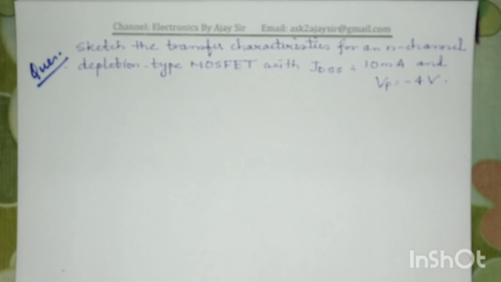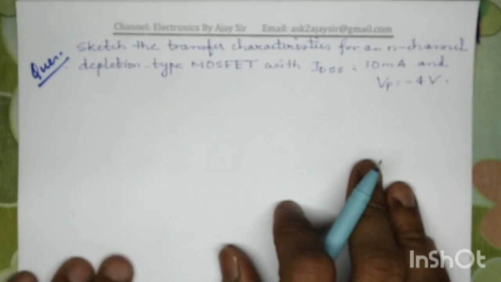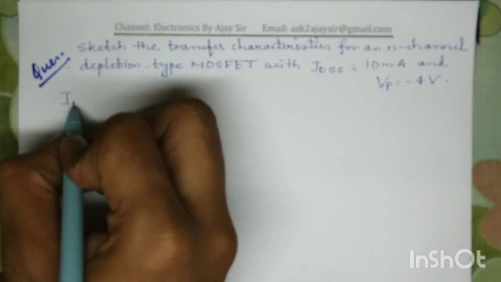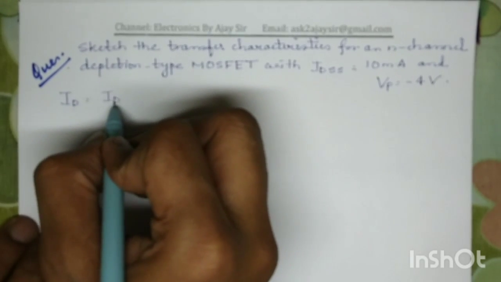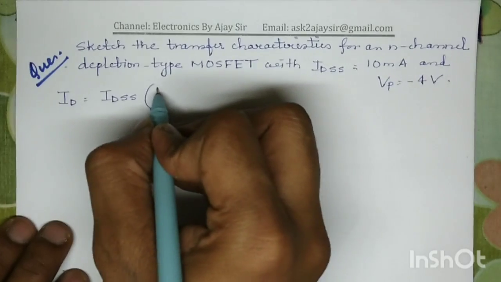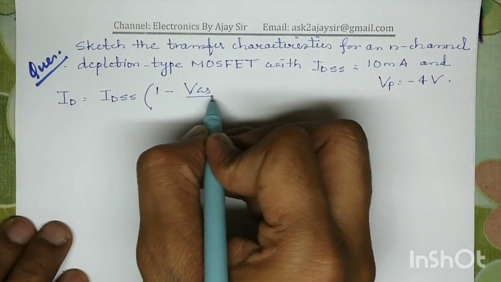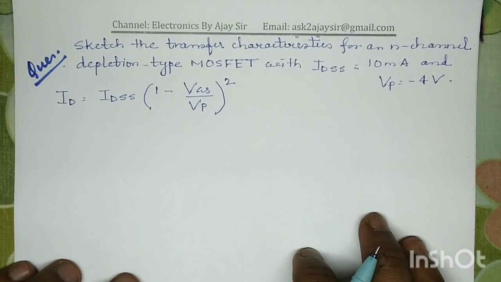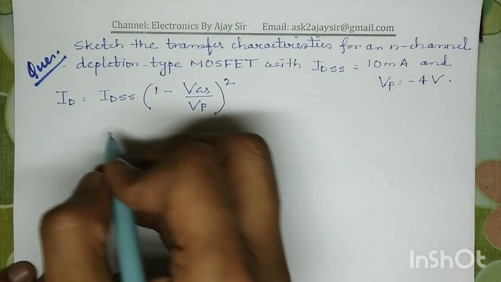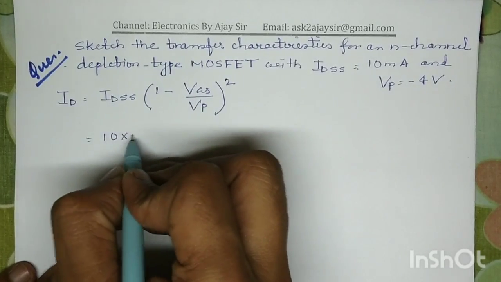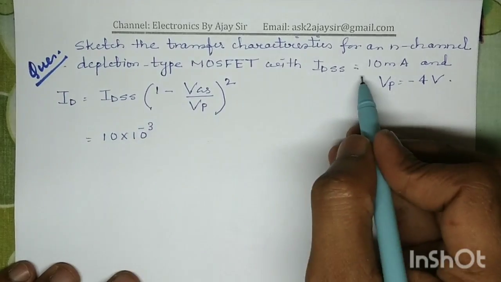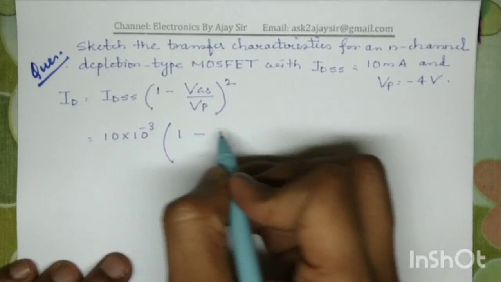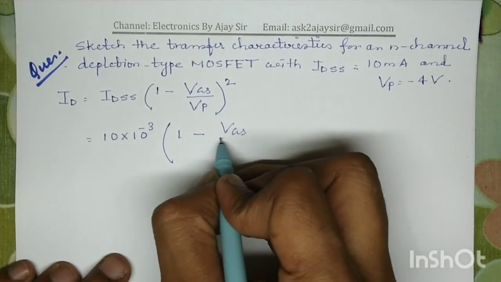So first we will follow the same procedure. First we will write the equation, the Shockley equation. ID is equal to IDSS (1 minus VGS by VP) whole square. Next we will substitute the values of IDSS and VP. IDSS is 10 milliampere, in terms of ampere it is 10 into 10 to the power minus 3, multiplied with (1 minus VGS by VP).